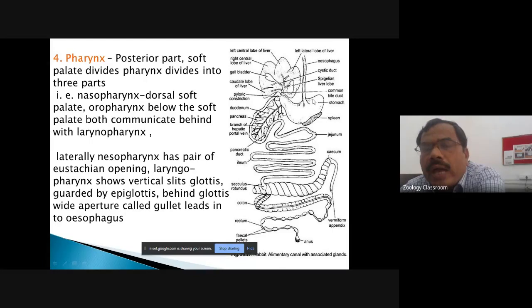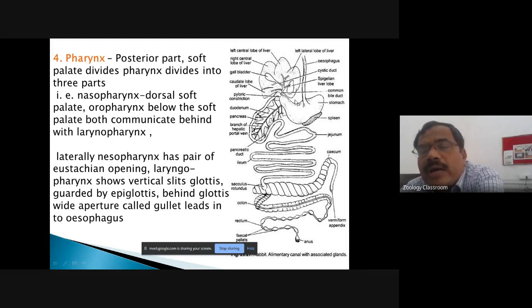The esophagus then unites with the stomach. The stomach is slightly horizontal. When the esophagus opens into the stomach, that entry is protected by the esophageal wall. Then this portion is called the stomach. This stomach further bends and is converted into the pyloric stomach, and here the small intestine starts.